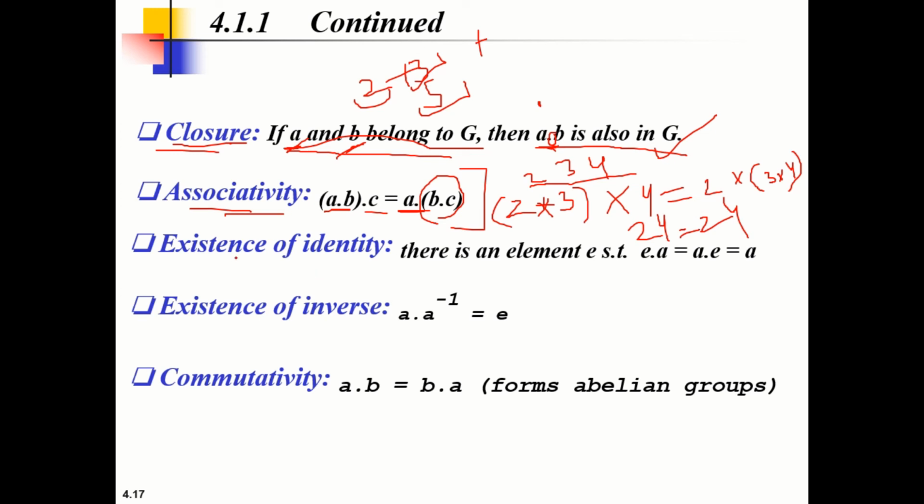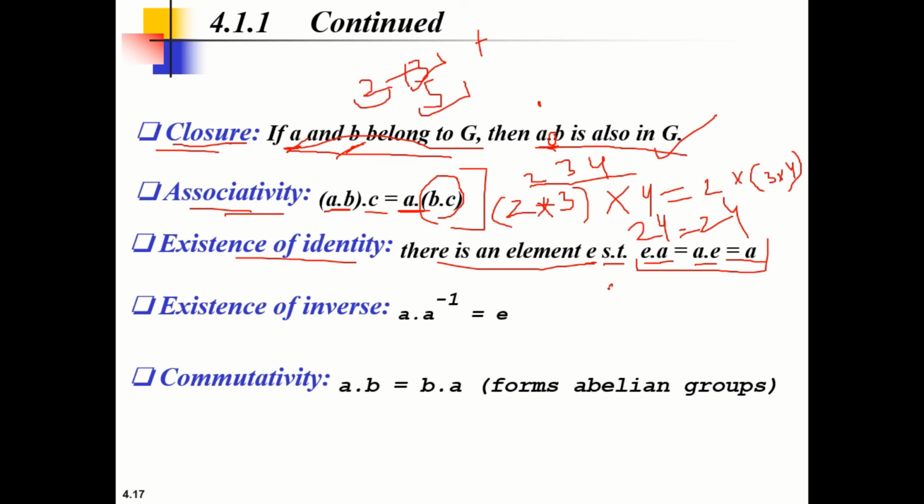Fine. Next is existence of identity. It says that there is an element E in the set such that E binary operation A is equal to A binary operation E, which is equal to A. For example, if we take the addition operation, when will this condition get satisfied?